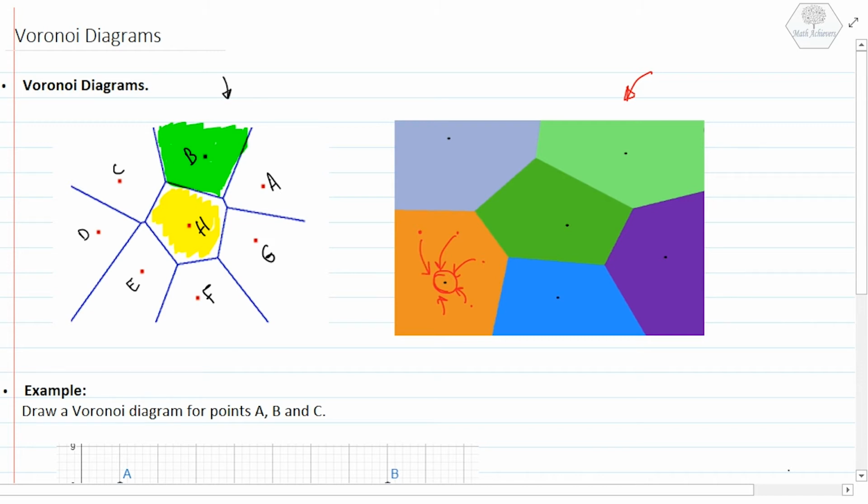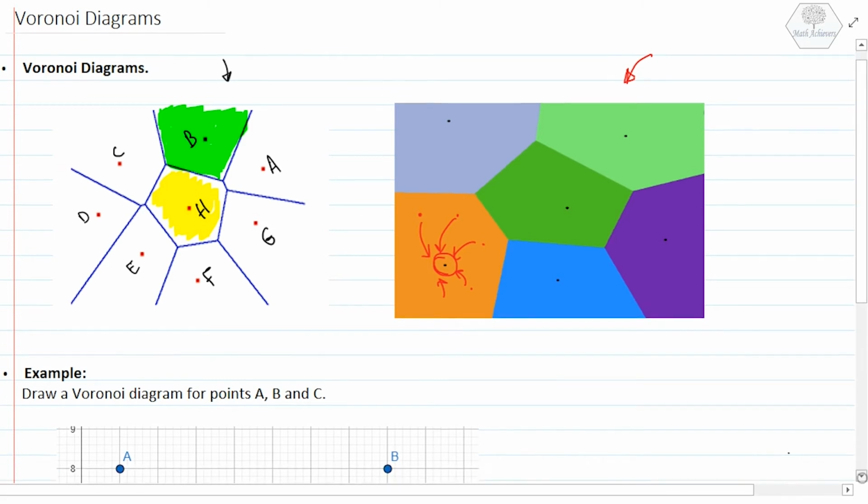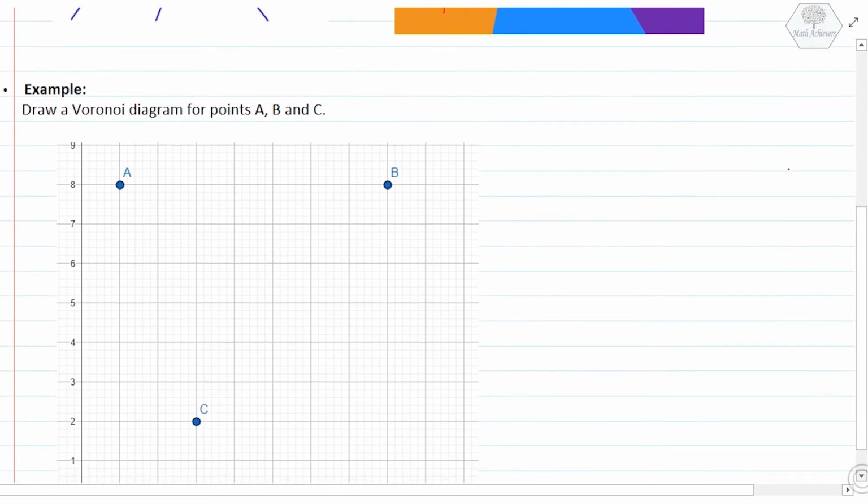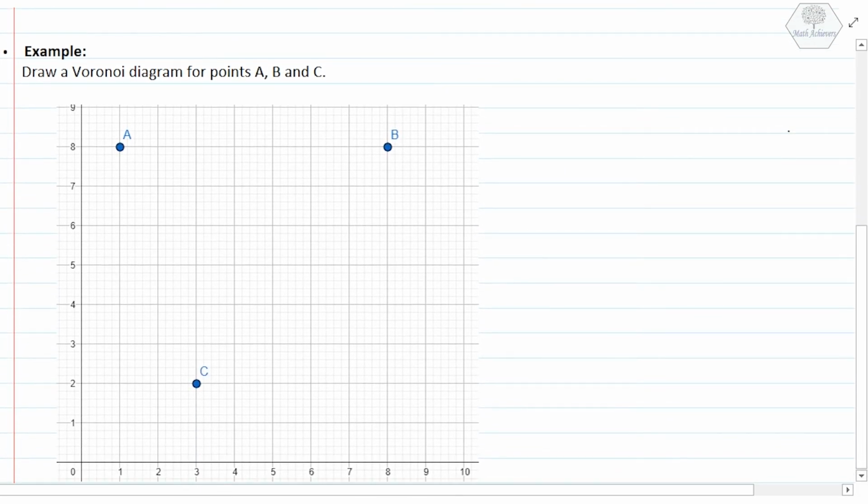Another application of Voronoi diagrams is sometimes if you want to go to the supermarket and you live in a specific area. Because of the application of Voronoi diagrams, you'll be capable of going to the closest supermarket which is close to you. Let's now have an example to show clearly how we can draw Voronoi diagrams.